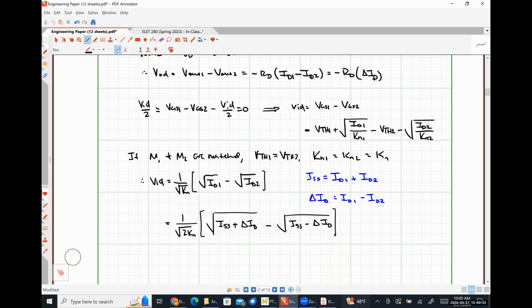Take out a factor of 2, and this bit right here literally just represents half of ID1. When we subtract those, we are going to get twice ID2, take out that factor of a half, and so that's where our substitution comes from. So I understand that it looks odd, but it all shakes out to be pretty okay.